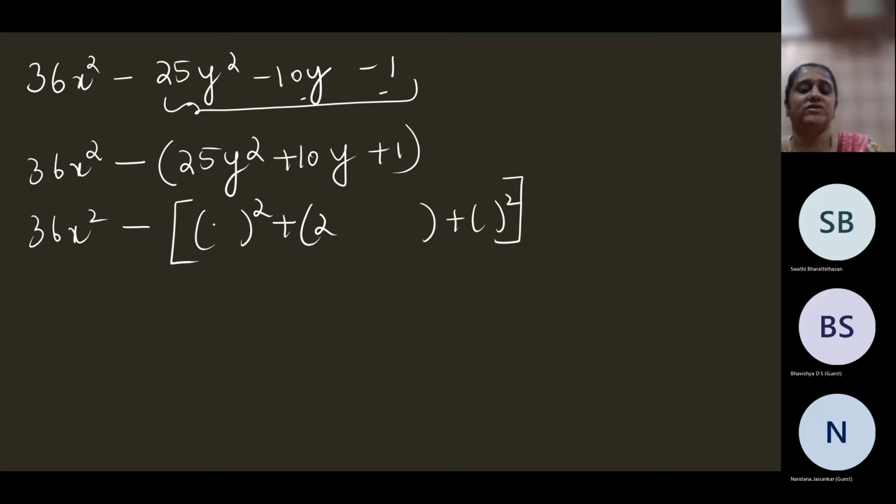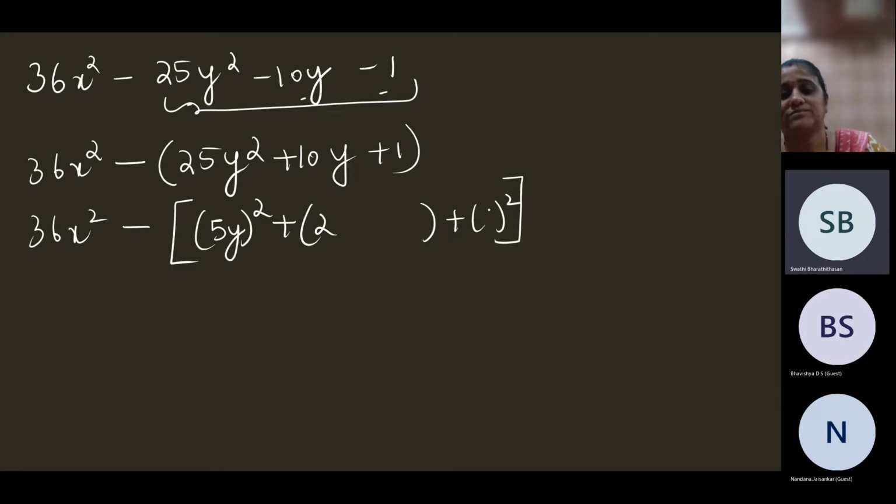So what should I write here in the first bracket? 5y, ma'am. Here? 1, ma'am. And here? 5y into 1, ma'am.